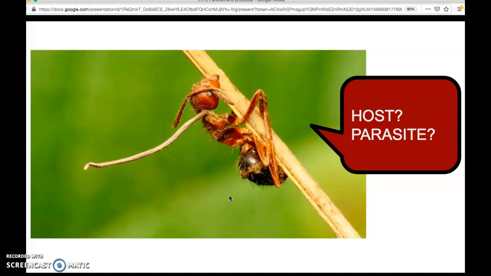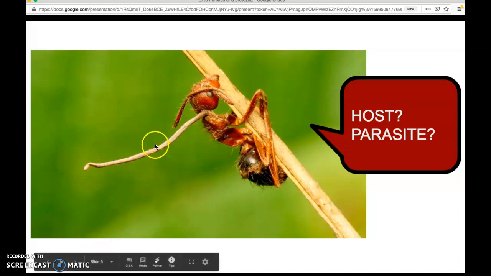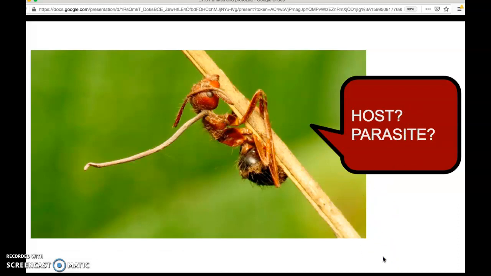Here we have, and you will learn about it in the video, a fungus and an ant. The fungus is that stalk coming out of the ant right there, and that would indicate to you hopefully that the fungus is the parasite and the ant is the host.